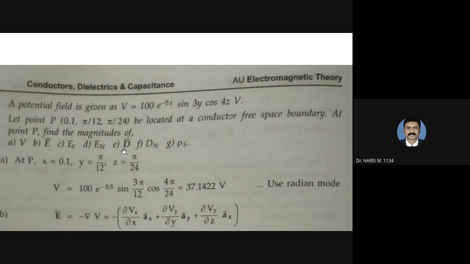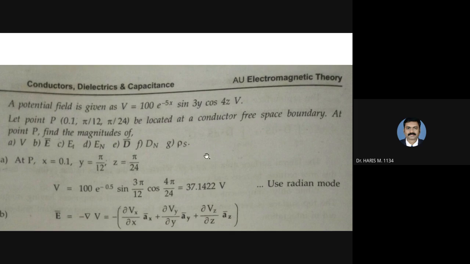Capital D refers to the electric displacement vector or the flux density, dN represents the normal component of flux density, and rho s represents the surface charge density.